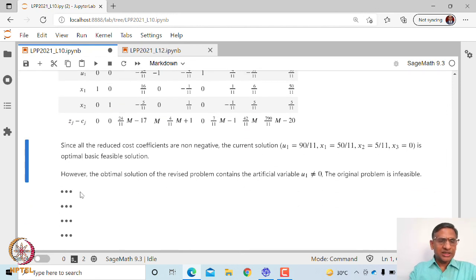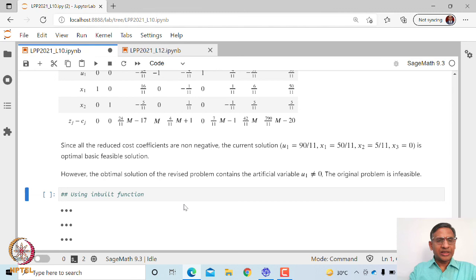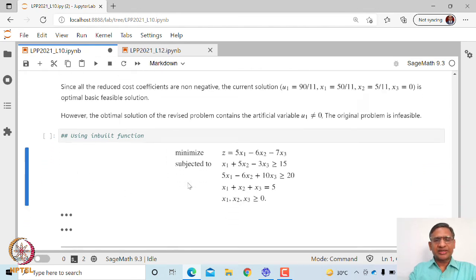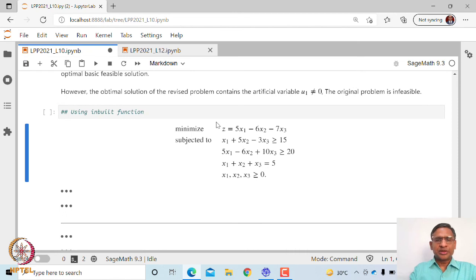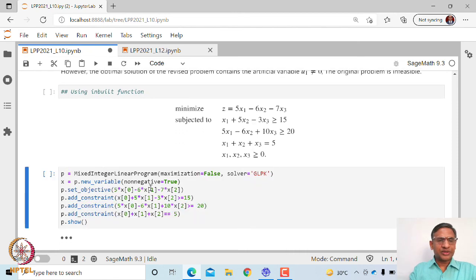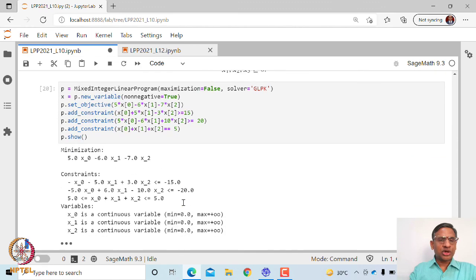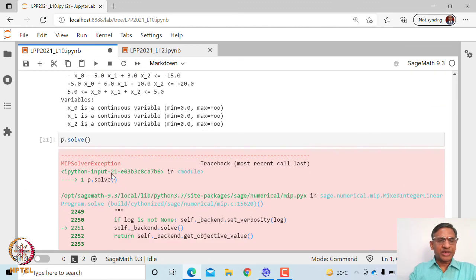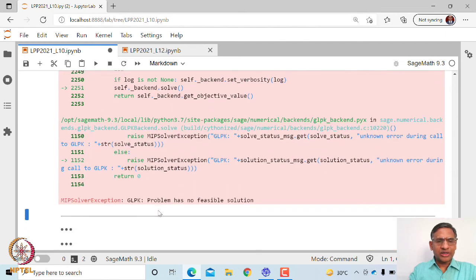Now let us look at this problem using an inbuilt function and see whether it is infeasible. So this is the problem which we are looking at. Let us define this using a mixed integer linear program and then try to solve it. When we solve this, you will see at the bottom it says GLPK, the problem has no feasible solution.